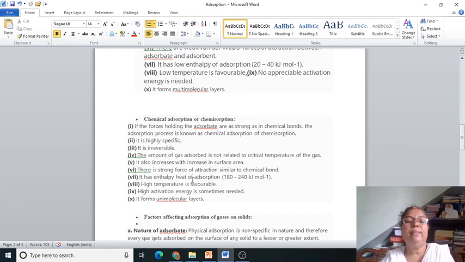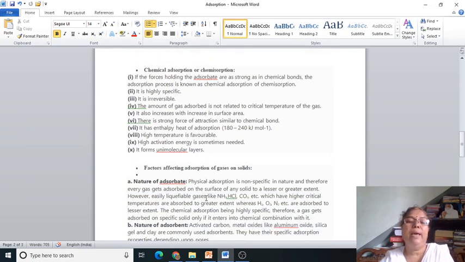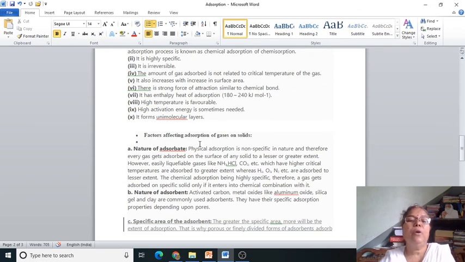Then it has an enthalpy, heat of adsorption, that lies in the range of 180 to 240 kilojoule per mole. High temperature is favorable, high activation energy is needed, and remember, it forms a unimolecular layer. Then in the next lecture we will see the factors affecting adsorption of gases on solids.